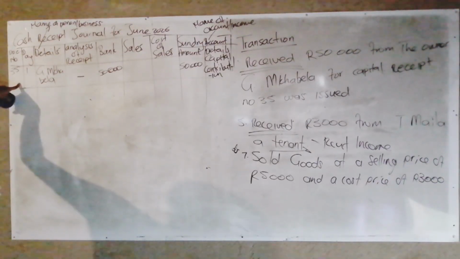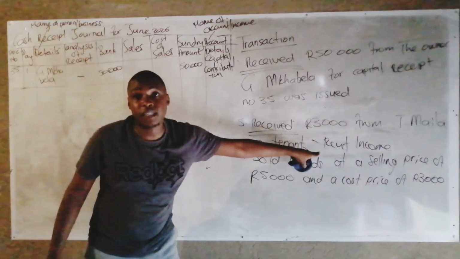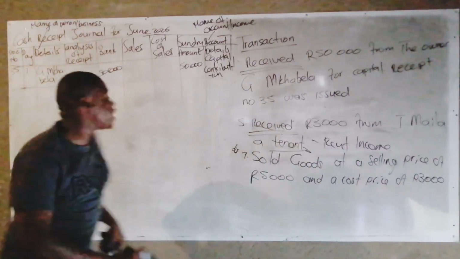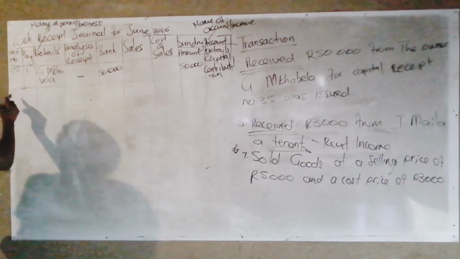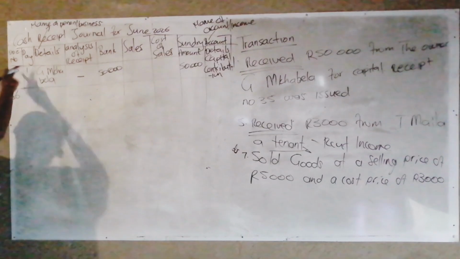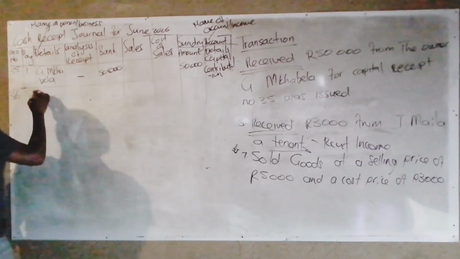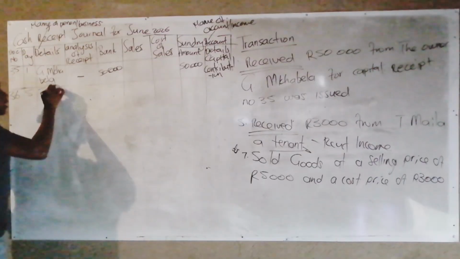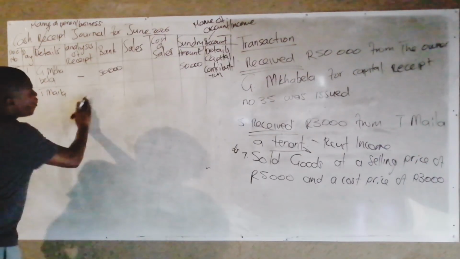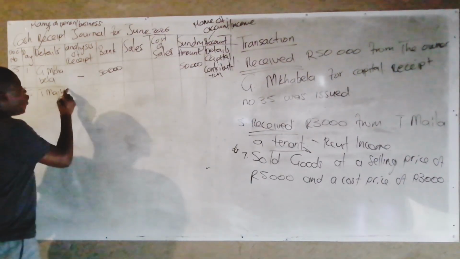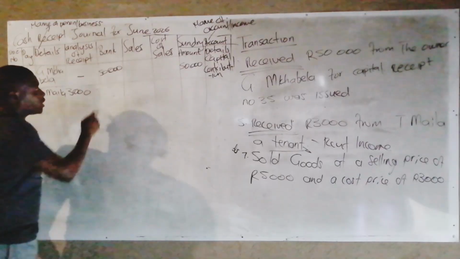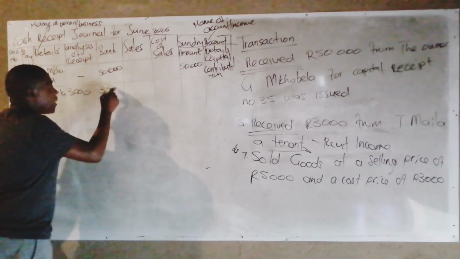Then document number. They didn't give us a document number now. Just listen, guys. They didn't give a document number. Then now you should go with the sequence of the document number. Then it will be 36, from 35 to 36, day 5. Day 5, we receive that money from T. Maila. And then we'll give him a receipt of how much? Of 3,000 rand. We will issue him a receipt. And then that amount goes to the bank as well.